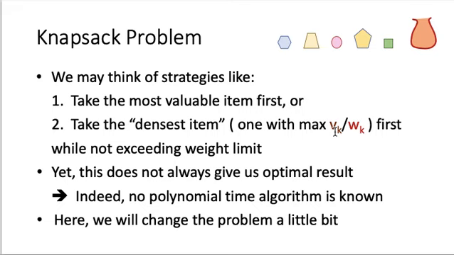So in that case, this is something like more worthy per unit weight. So we will repeatedly either use the first greedy choice or use the second greedy choice to pick items until we get over the limit, so that in that case we will not take the last item.